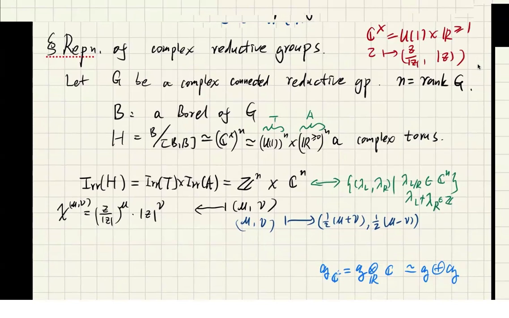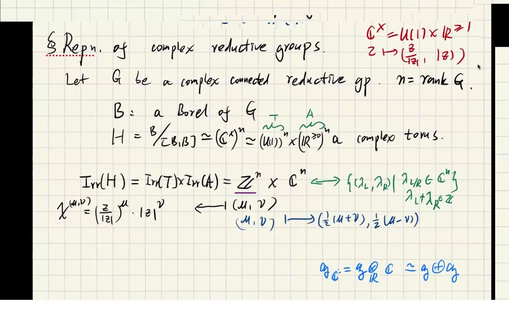So what is the representation of U(1)? The irreducible representations of U(1) are classified by the integers, right? Irreducible representations of R greater than or equal to 0, sorry. R greater than or equal to 0 is, by the exponential map, isomorphic to R as an additive group. Okay, so therefore the irreducible representations of R are classified by complex numbers.